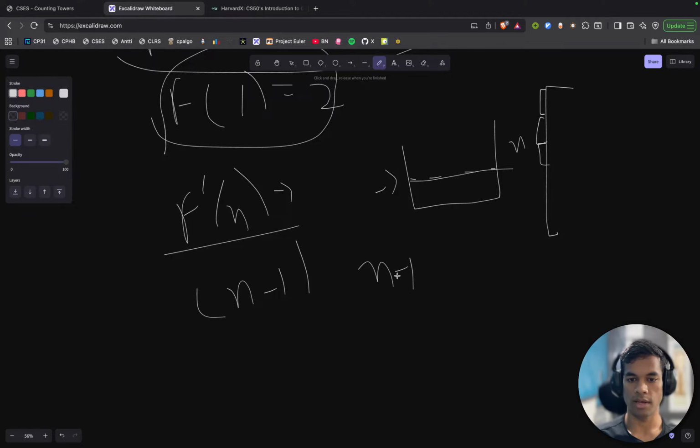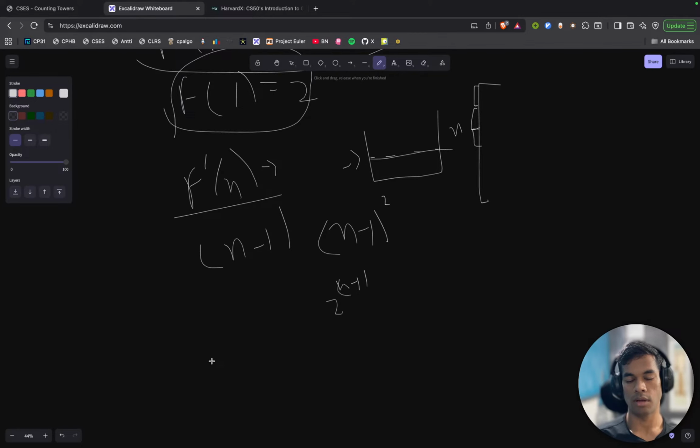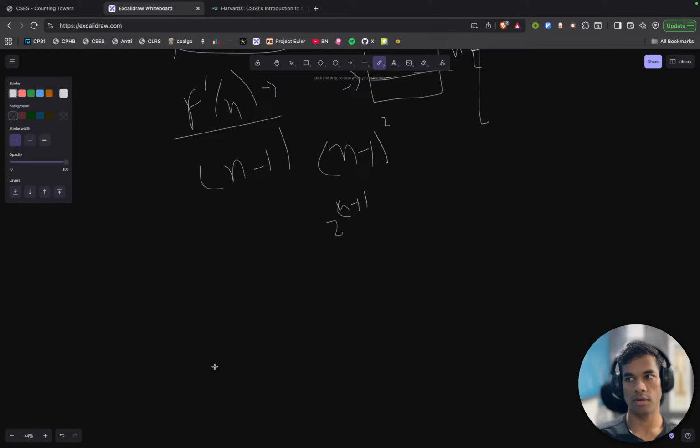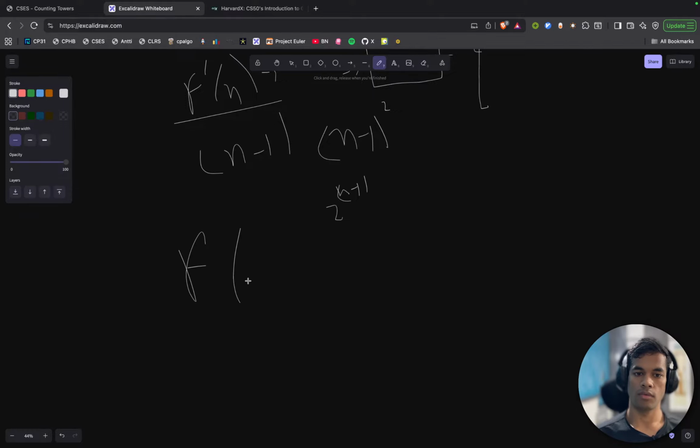And then the answer would be 2 power n minus 1. And therefore, I would say that the total answer would be the sum of both of these functions.